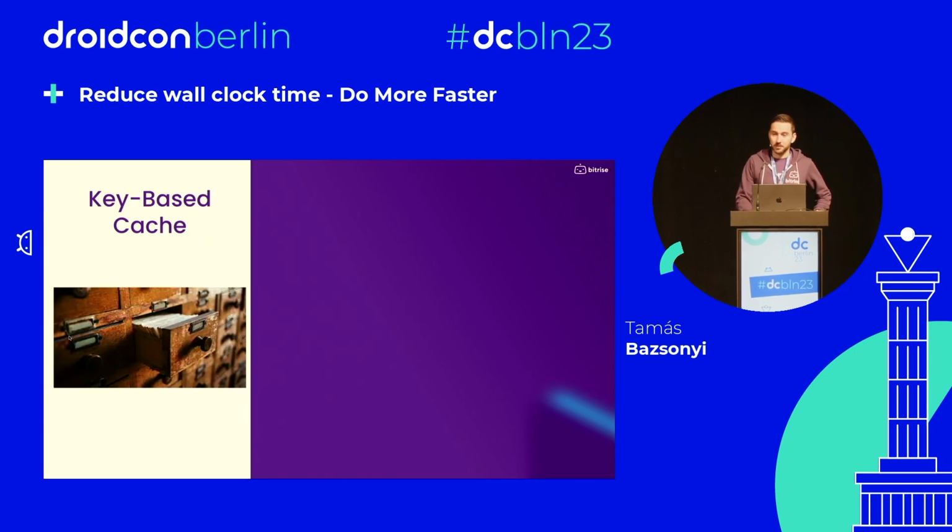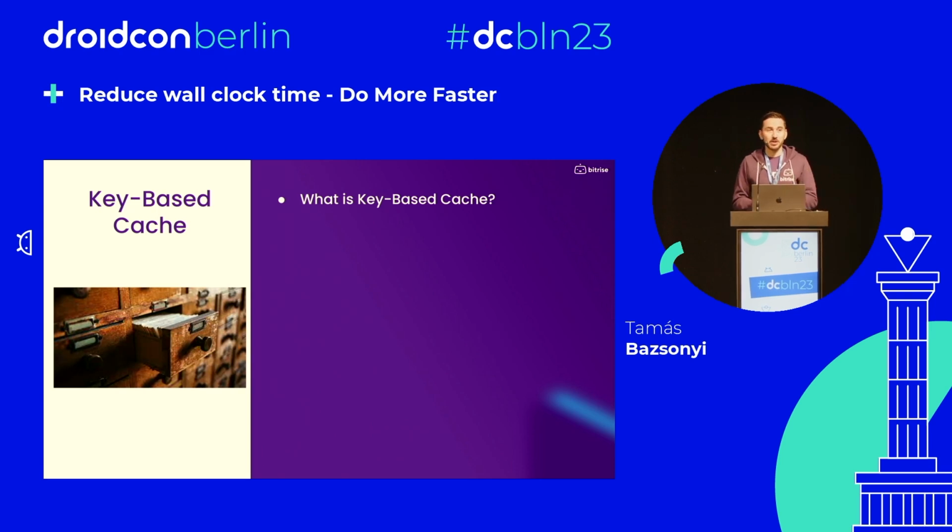Now that we have parallelization in place, it's really great to also think about how you can cache all the different dependencies and all the different tools that you are using. A really good solution, if you are building a more complex environment that potentially has different dependency management tools in it, is using a key-based solution.